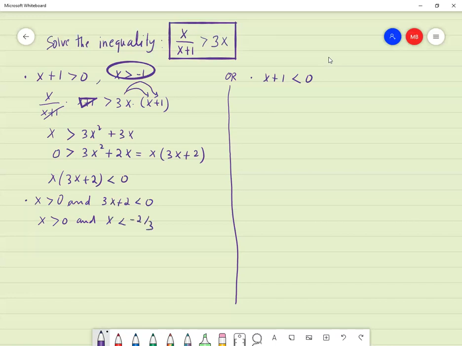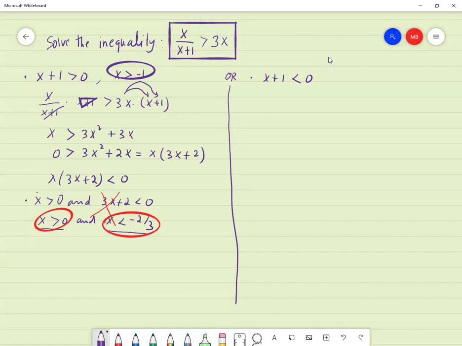So look at these two things: x positive and x less than negative 2/3. They contradict each other, so this case is not possible. We get nothing from here, because x positive and x less than negative 2/3 at the same time is not possible. So we're going to look at another case now.